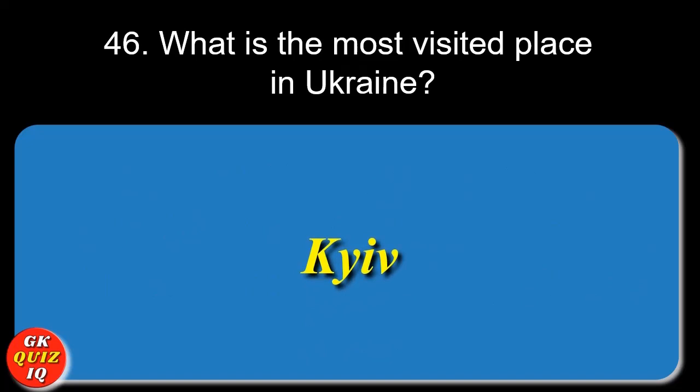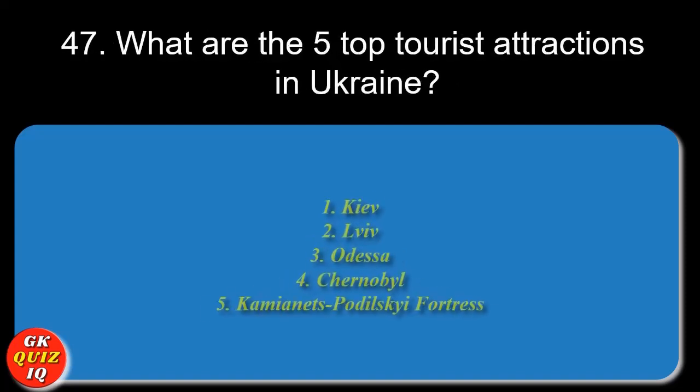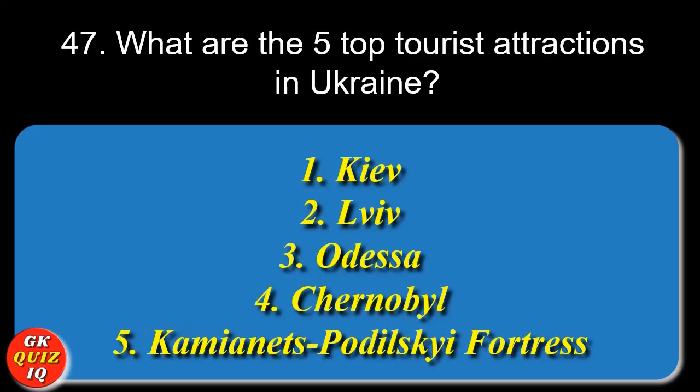What is the most visited place in Ukraine? Kiev. What are the five top tourist attractions in Ukraine? Kiev, Lviv, Odessa, Chernobyl, Kamianets-Podilsky Fortress.